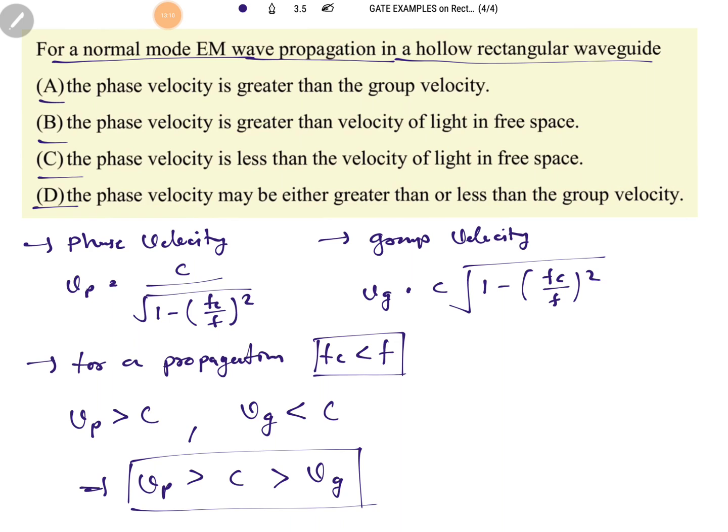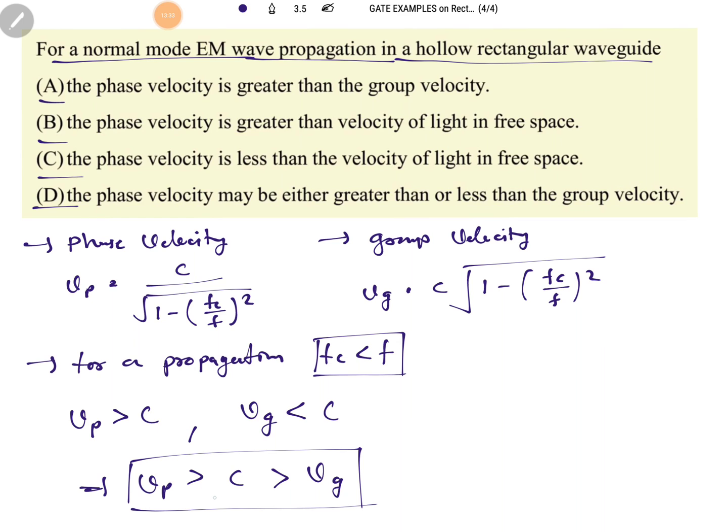This is how we can compare, and from that we can now see the 4 options. Phase velocity is greater than group velocity, so that is correct. The phase velocity is greater than the velocity of light, so option B is also correct.